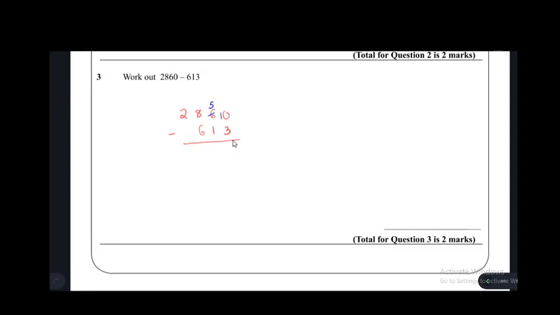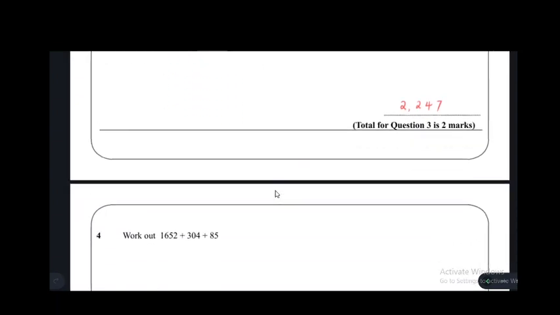So 10 minus 3 is 7. And then 5 minus 1 gives you a 4. 8 minus 6 gives you a 2. And then 2 minus nothing gives you just a 2. So our answer there will be 2247.